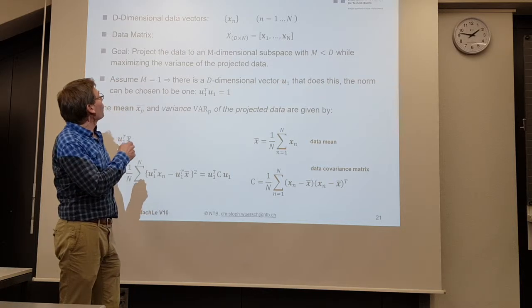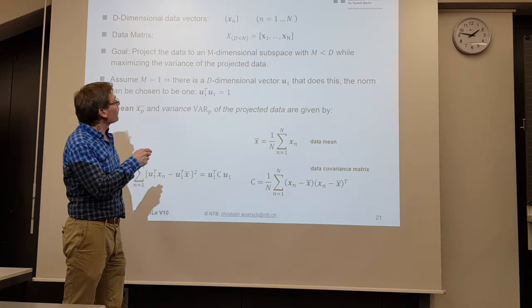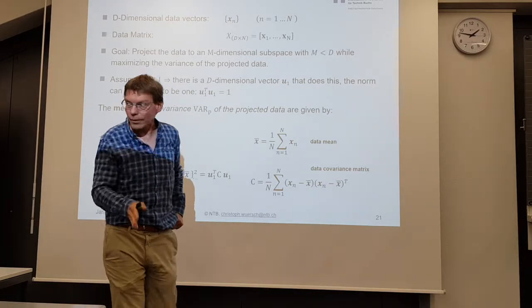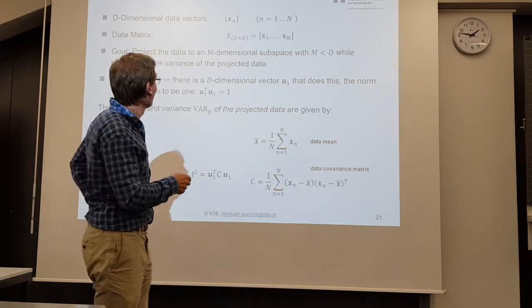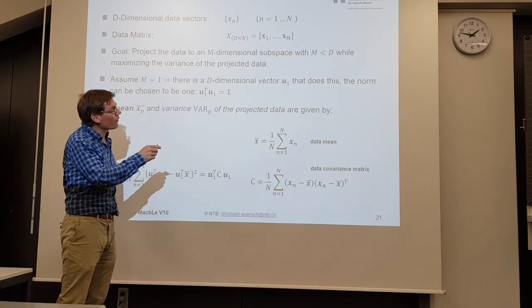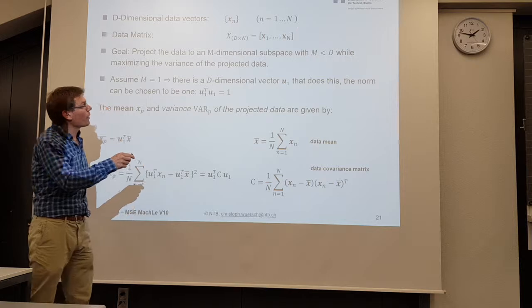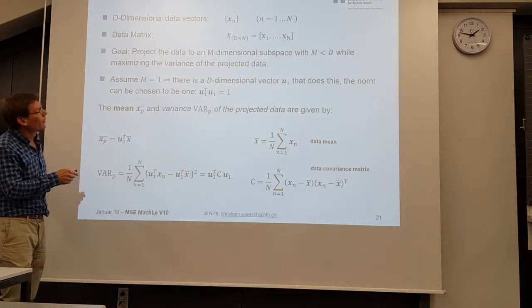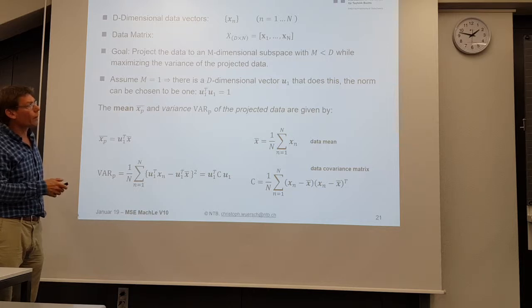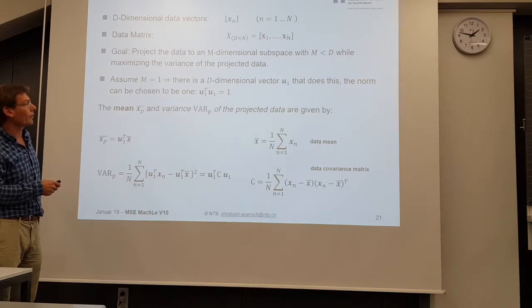Let's assume we have a d-dimensional data vector, so it's one of the column vectors of our data matrix here. And we construct the full data matrix like this. Now the vectors are down like that. We have n samples here. And we want to project it onto a k-dimensional subspace with k really smaller than d.